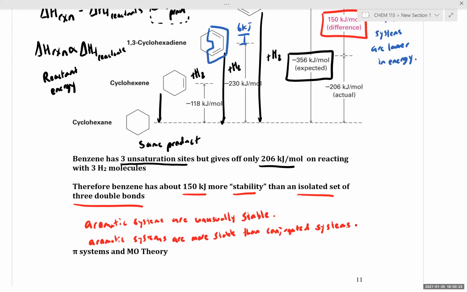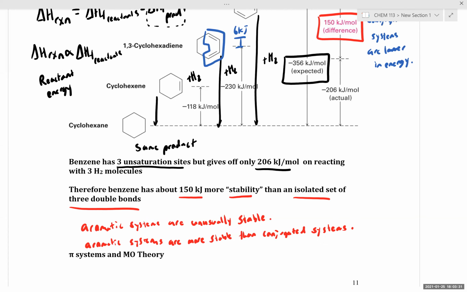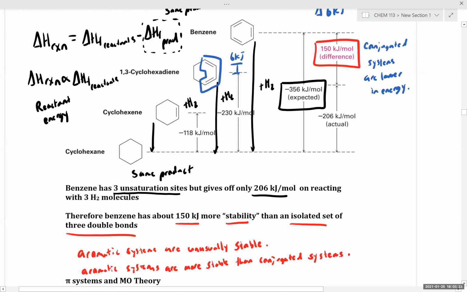And what we're going to do now is dissect aromatic systems from the perspective of MO, or molecular orbital theory. Does this study of heat of hydrogenation, what we've gone over, make sense to everyone?